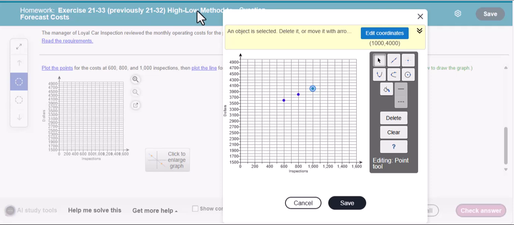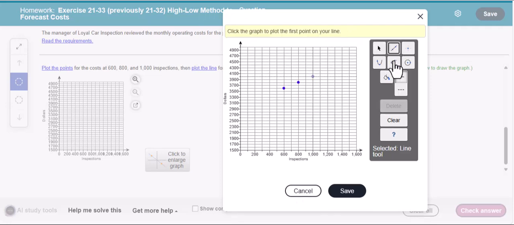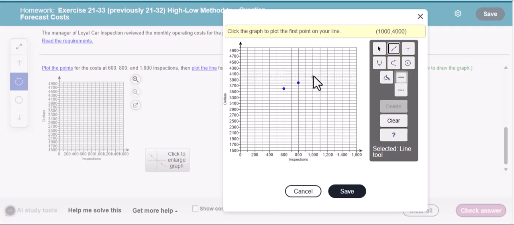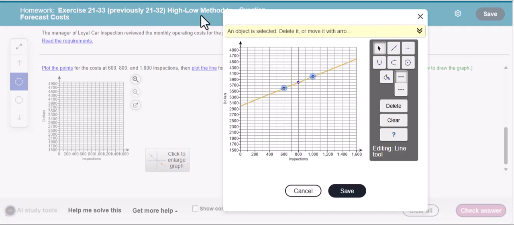So now we're going to need to draw the line. So we need to click the line tool, which is right here next to the plot point tool. And we will start with the furthest right coordinate and stretch it here to the furthest on this end. And we have our line.